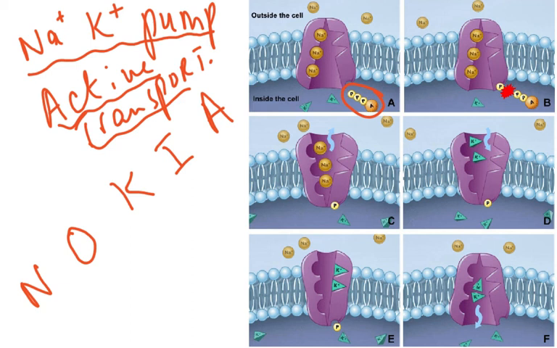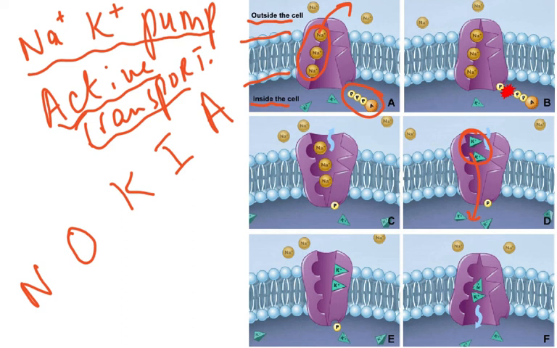And the important thing is that there is an outside of the cell and the inside of the cell, and you can see this is the phospholipid bilayer. So these are embedded in the phospholipid bilayer of the neurons, and what they do is they pump out 3 sodium. 3 sodium is pumped out, and 2 potassiums are always pumped in.